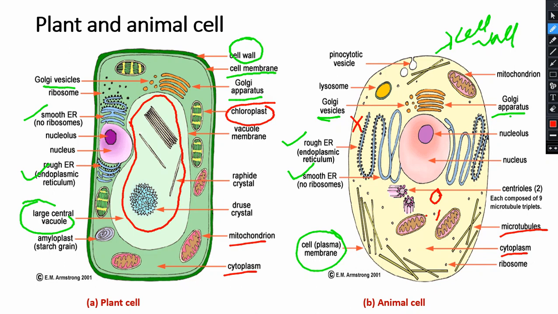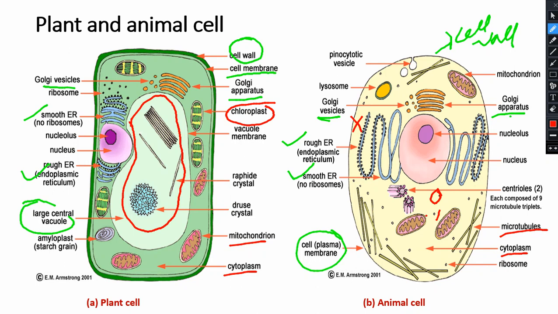So this is just a generalized diagram or model of a cell. We will learn these components one by one in the next lectures. We will start from the cell wall, then the cell membrane, and then other organelles.